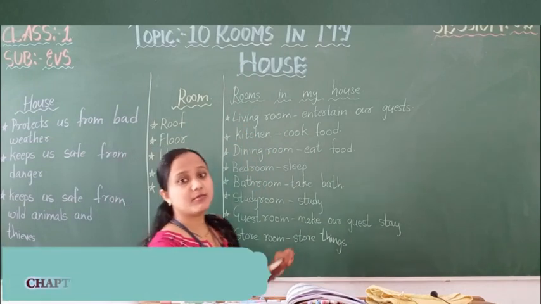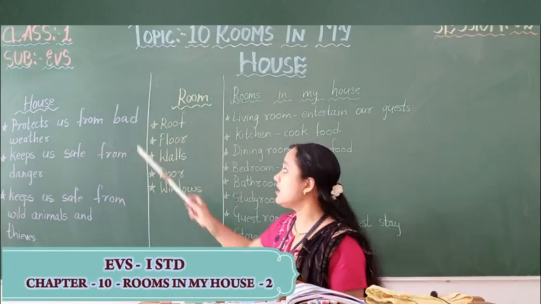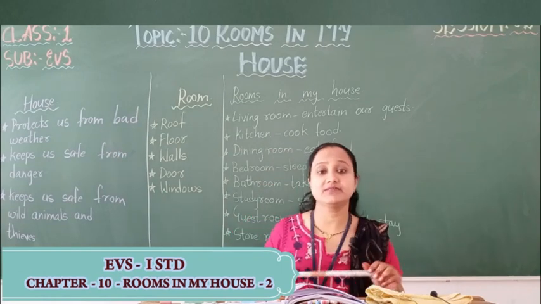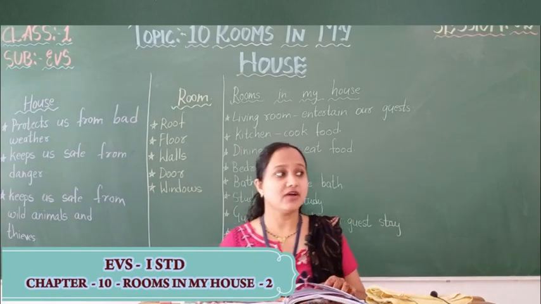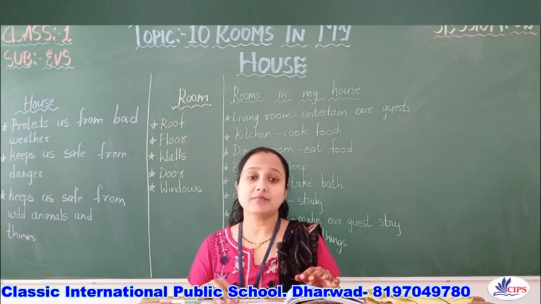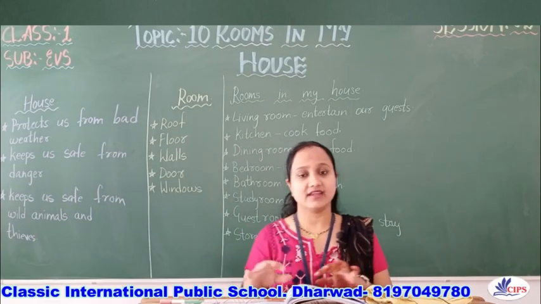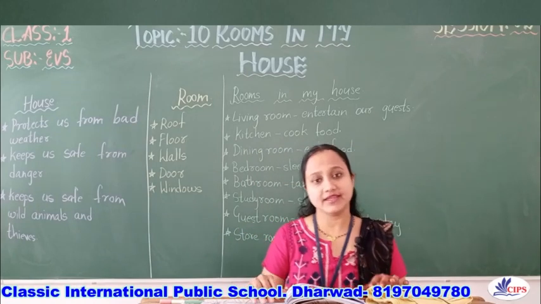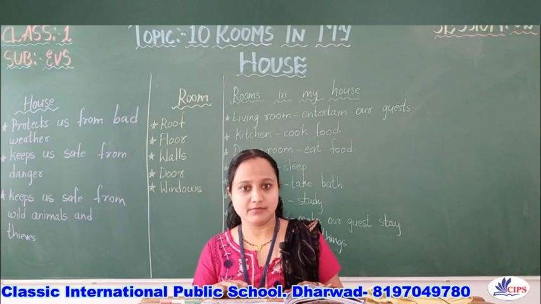In the last session we have seen why we need a house, because a house protects us from bad weather. It keeps us away from dangers, from the hot sun, rain, the cold wind, and from natural calamities like flood and earthquakes. It also protects us from thieves and wild animals.